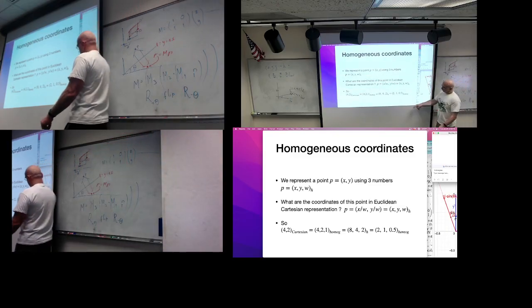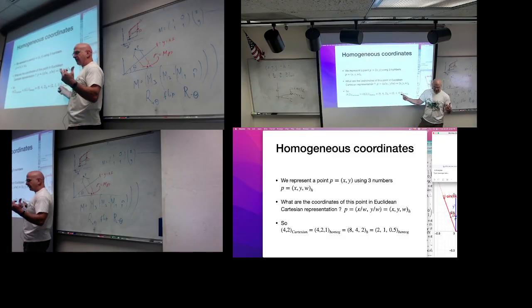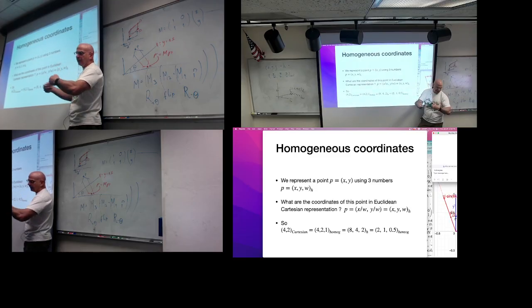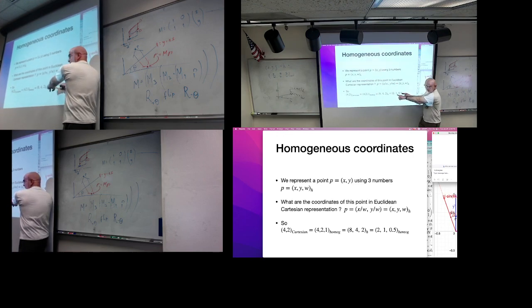So once again, the 3 numbers are not the 3 coordinates of a point in the 3D world. It's 3 numbers that represent the location of a point in the 2D world. And when I want to know where this point is in the xy plane, take the first, divide by the last, that will give you the x. Take the second, divide by the last, it will give you the y.